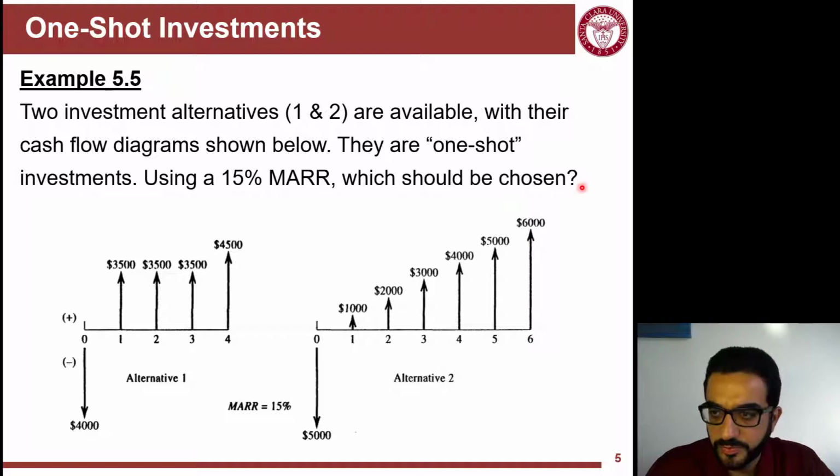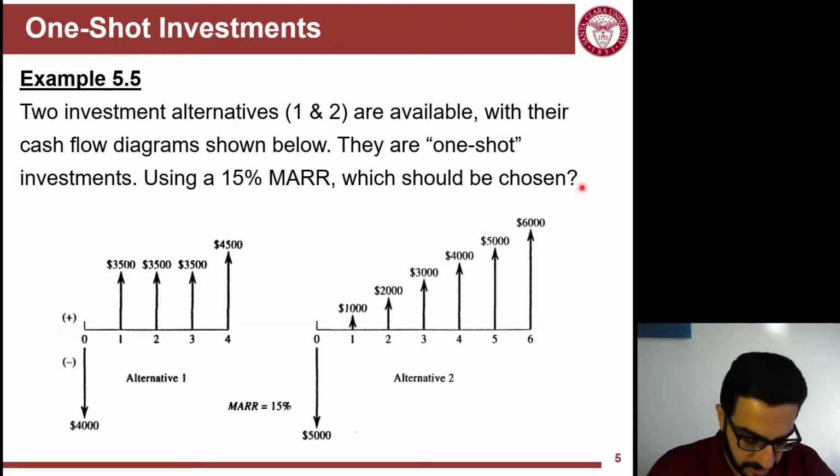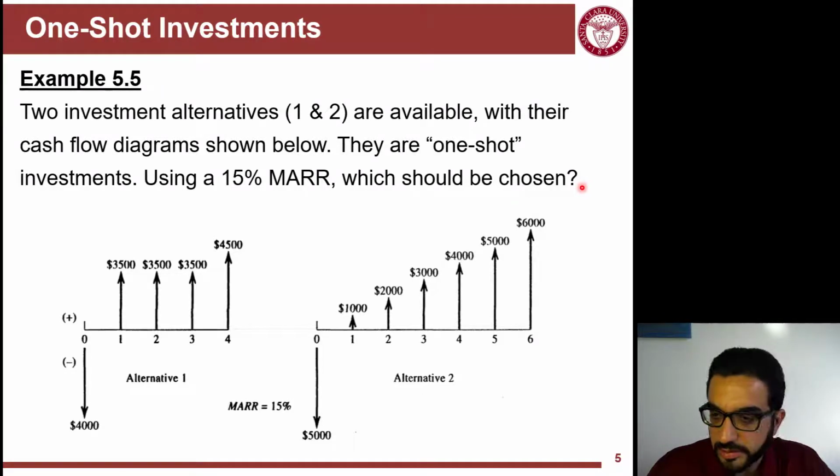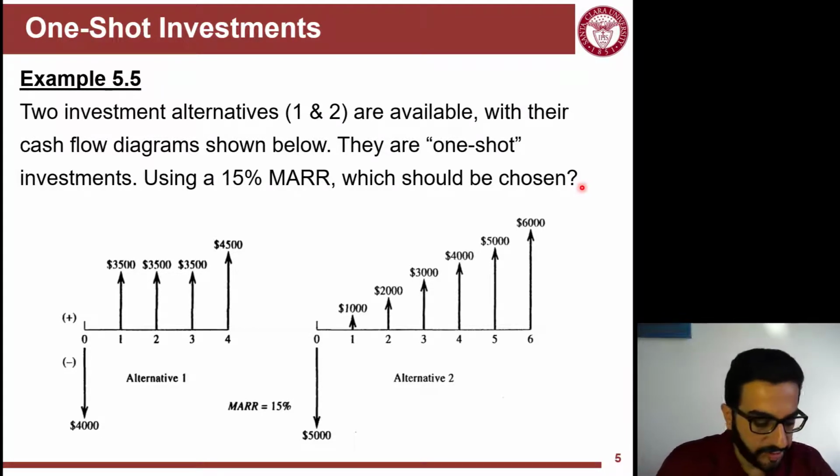You have 2 investments with the shown cash flows, and they are one-shot investments, so we're not repeating here even if they have 2 different useful lives. And your minimal attractive rate of return is given to us here as 15%.